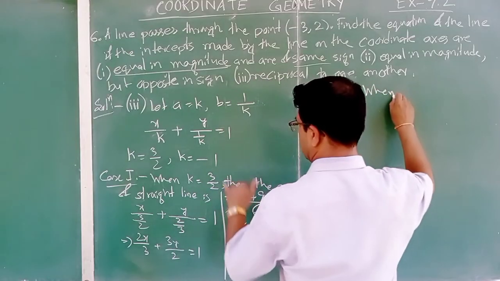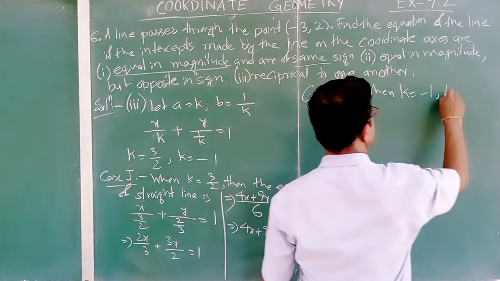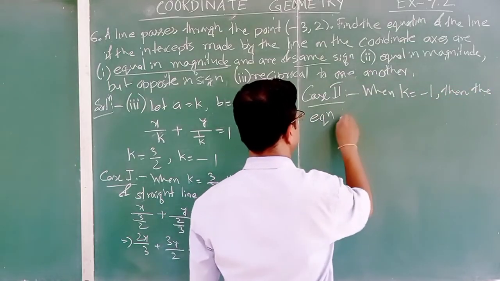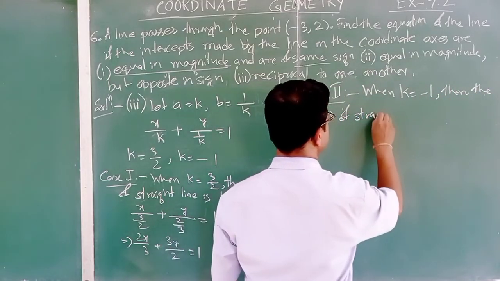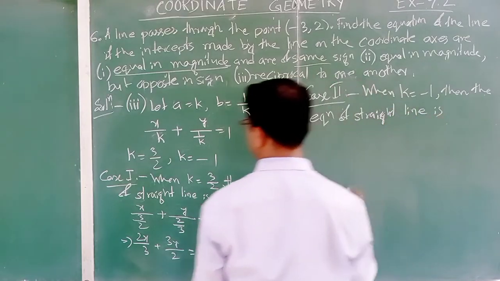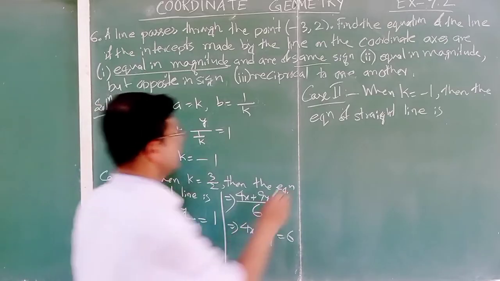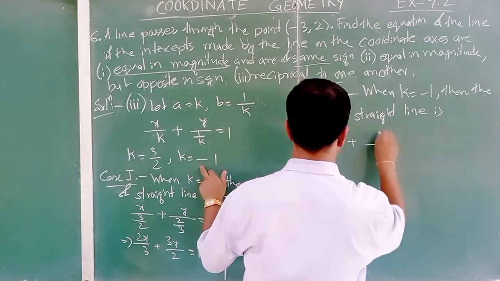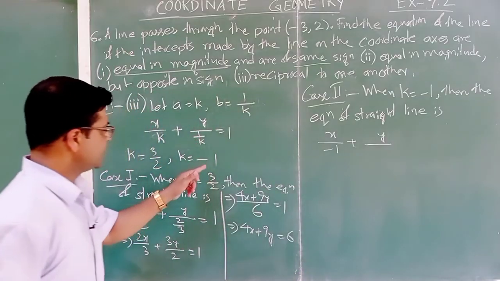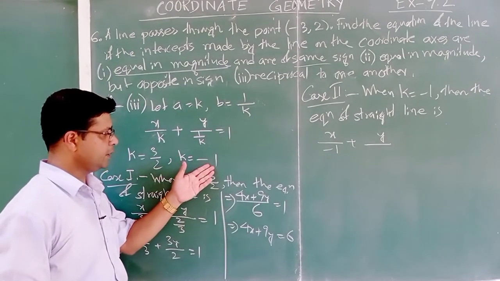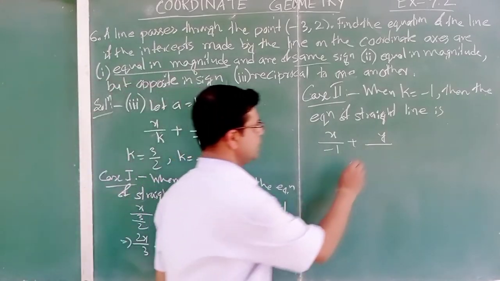Now case 2. When k equal to minus 1, then the equation of straight line is, let us substitute, x by the value of k, which is -1, plus y by the reciprocal of -1. 1 by k, so the reciprocal of -1 is -1 only.